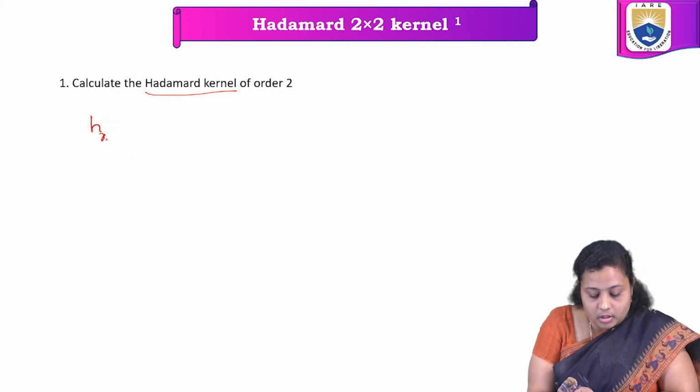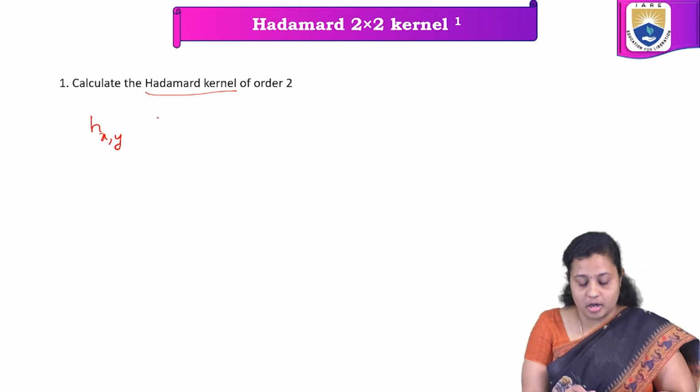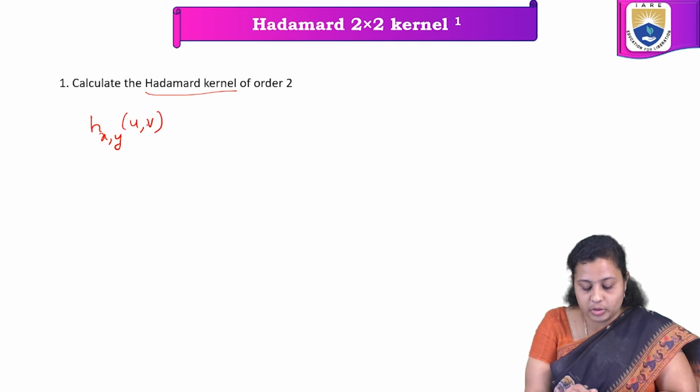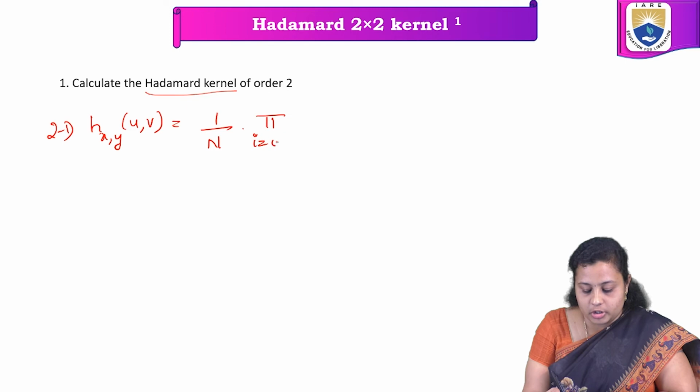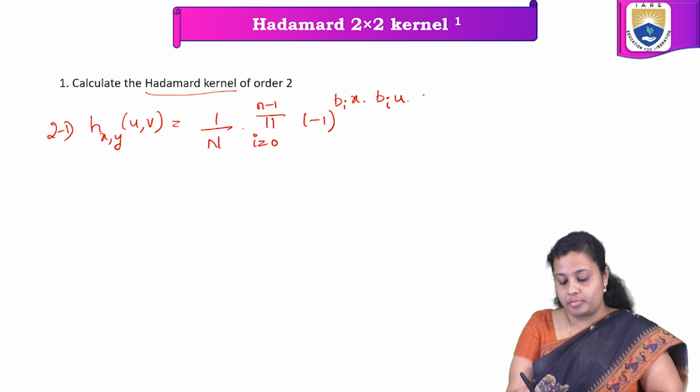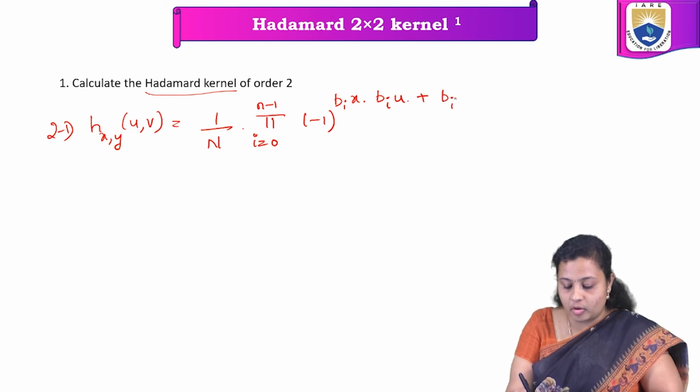My kernel equation h(x, y, u, v) for my 2D function is represented by 1 by n into the product for i equal to 0 to n minus 1 of minus 1 power b_i of x into b_i of u plus b_i of y into b_i of v.